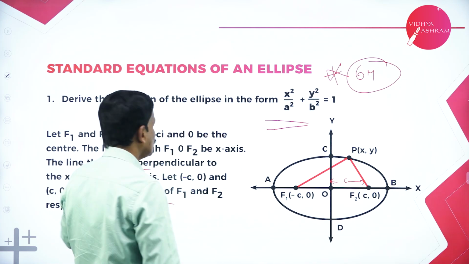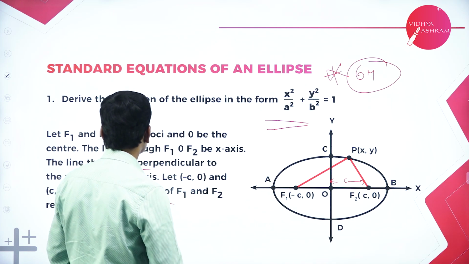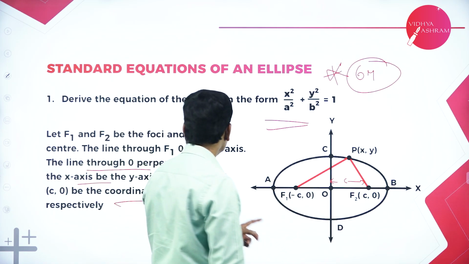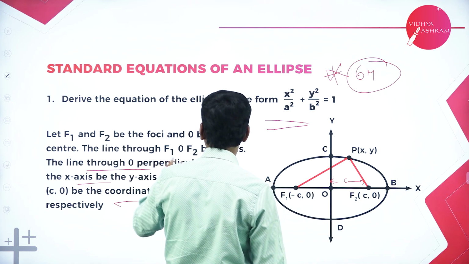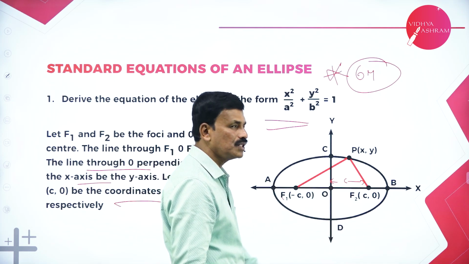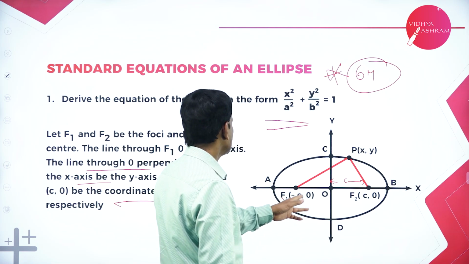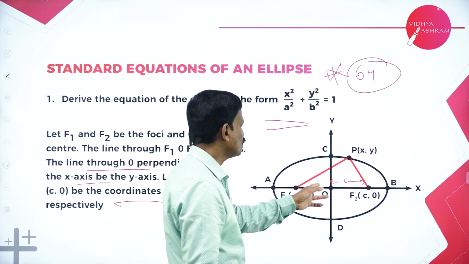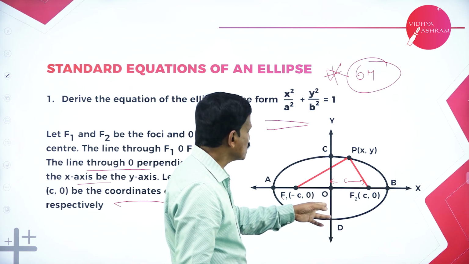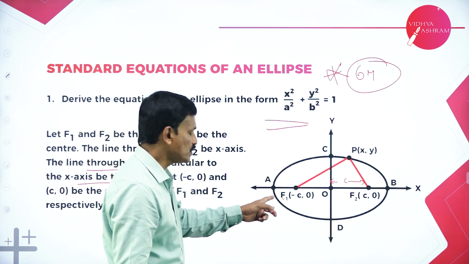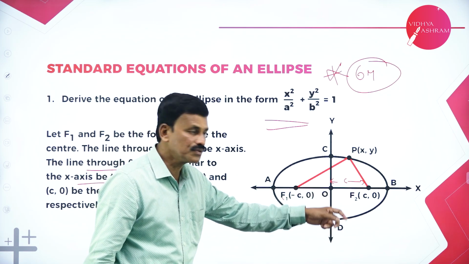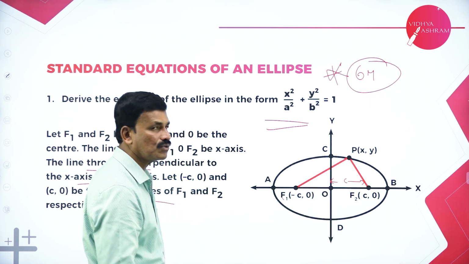So, very simple: let F1 and F2 be the foci and O the center. Then the line passing through F1, O, F2 is the x-axis and the line perpendicular to it is the y-axis, that is OC is the y-axis. And the coordinates of the foci are F1 equal to minus C comma 0 and F2 equal to C comma 0, right.